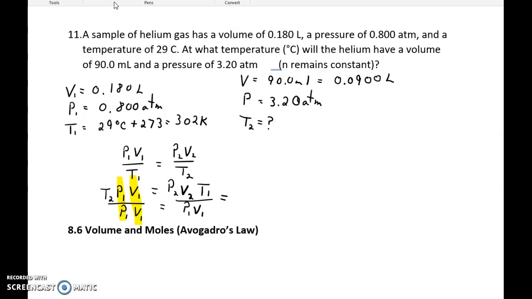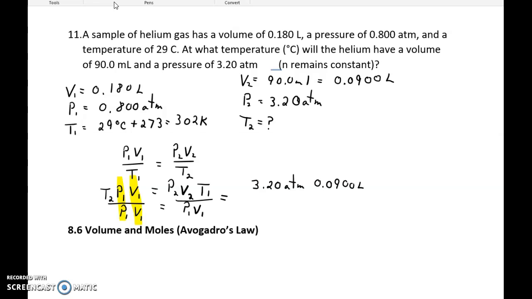Let's put 2's by these, I didn't earlier. P2 is going to be our new pressure. It's going to be 3.20 atmospheres. Our new volume is going to be 0.09 liters.